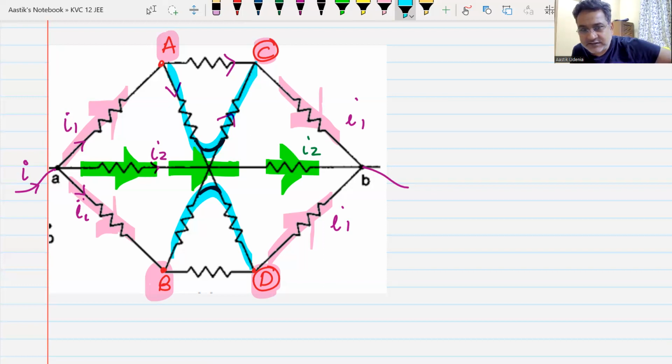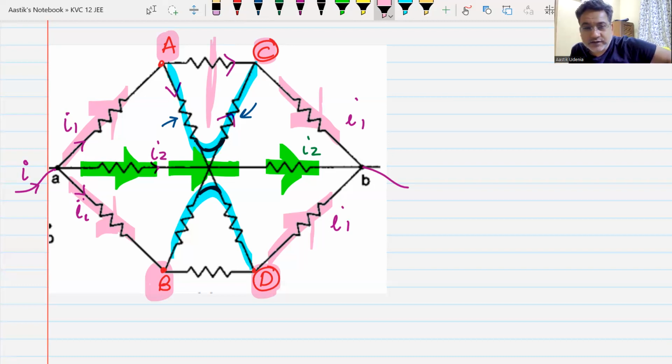So what is the resistance that you are going to get for the upper branch? These two blue are in series because the same current flows. So R and R becomes 2R. These two are in parallel with this, so 2R and R are in parallel.